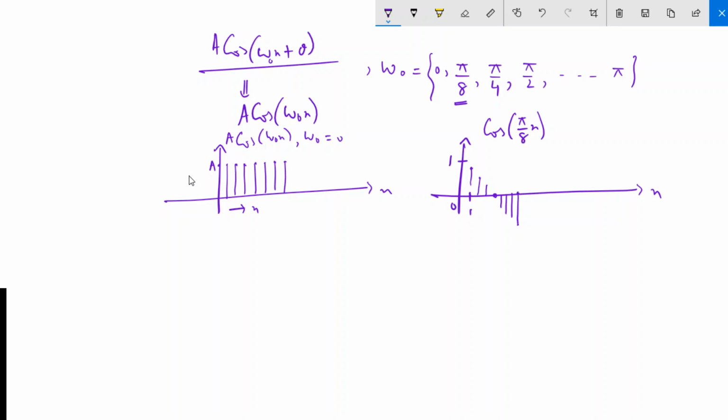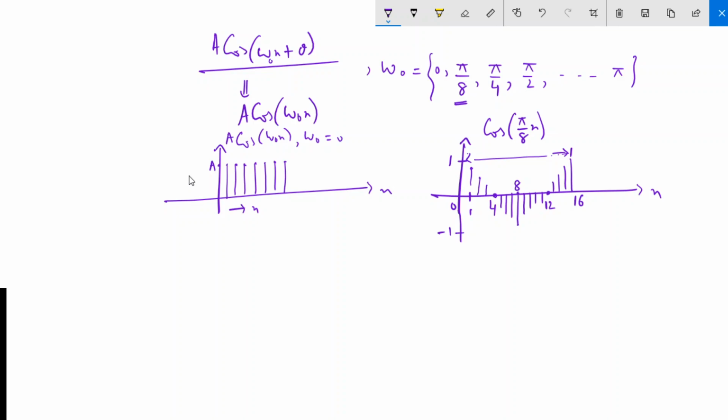When n becomes 8, you will get cos of pi. It becomes maximum in the negative direction, that is -1, and then it will again start decreasing. So we are getting basically 4 non-zero samples, then a 0, then again 4 non-zero samples, and this is one time period, one complete cycle. So 8, this is 12, this will be 16. So after 16 samples, the signal will repeat.